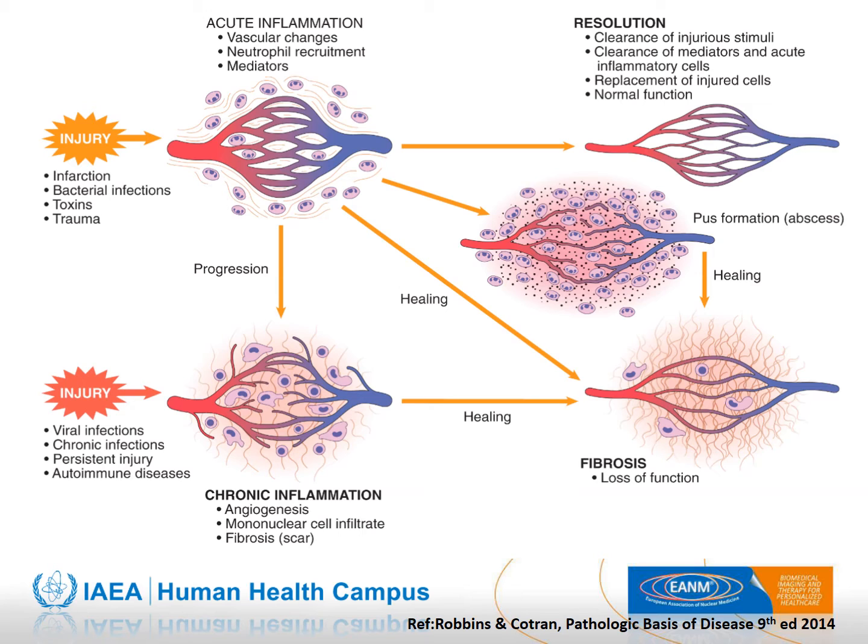Hence, we see that though inflammation is a protective response, the response and resolution of inflammation is not always a positive one, as there can be a loss of function in the tissue involved.